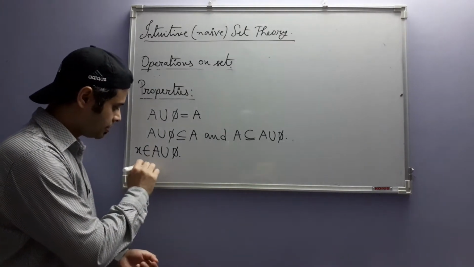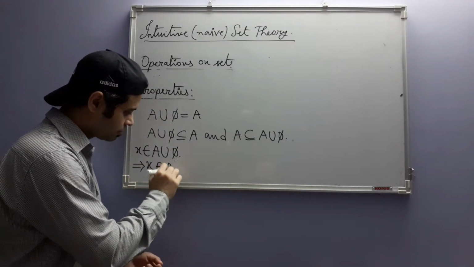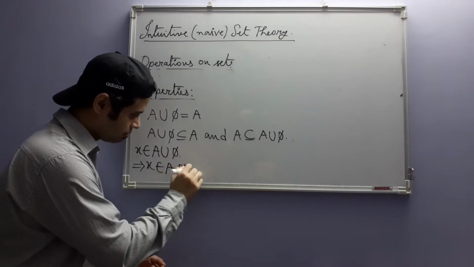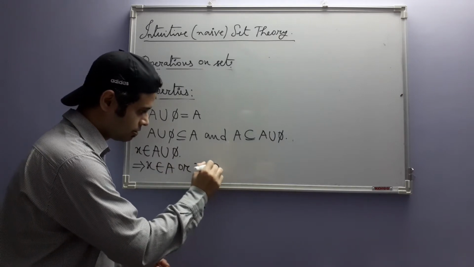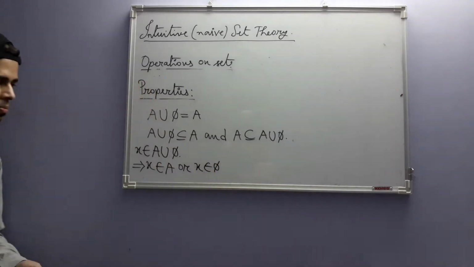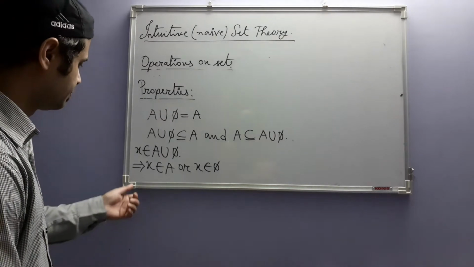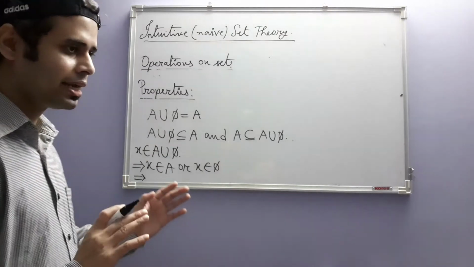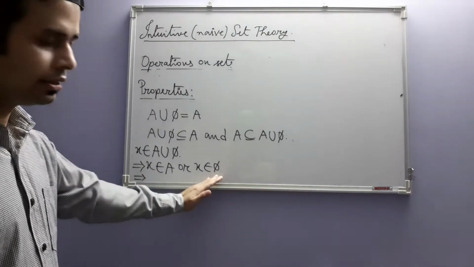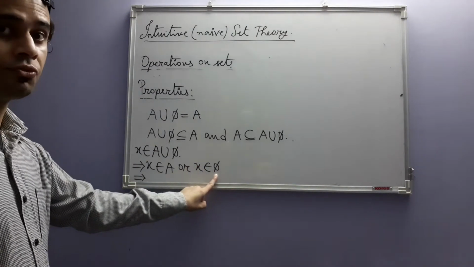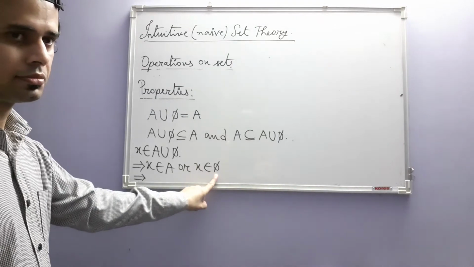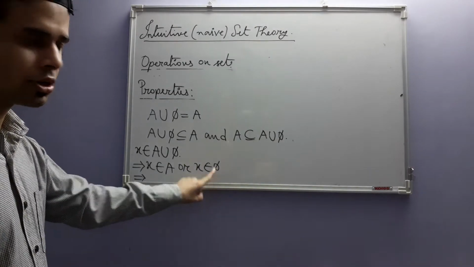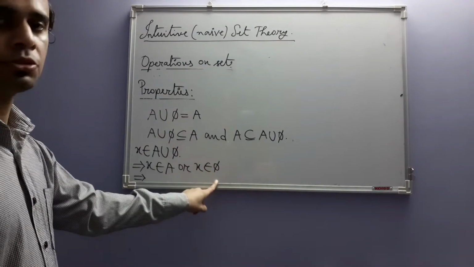Since it's a union, this means x belongs to A or x belongs to the empty set. Okay. Now, since the empty set by definition has nothing in it, this statement is false. Okay, this cannot be true. For no element x is this true.